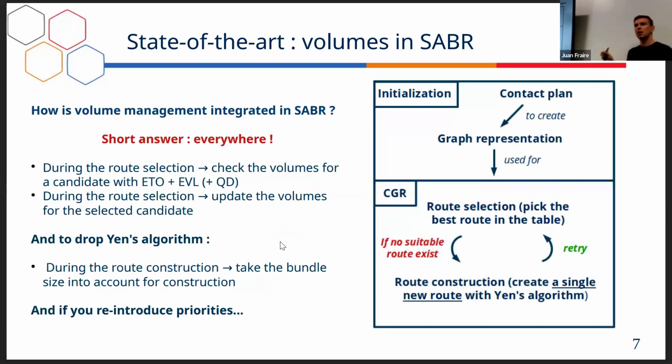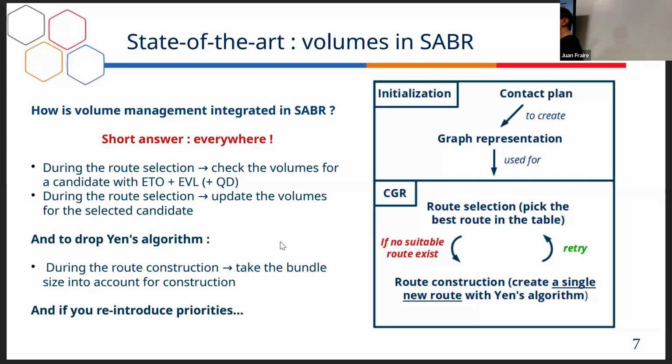So how are those things integrated in CGR? Short answer: everywhere. In the code base, you have volume aspects in the contact plan, for example. In the contact plan, you will have at least the data rates. But if we consider more evolved volume management techniques, you might want to integrate other things in the contact plan. So this is something we already do.